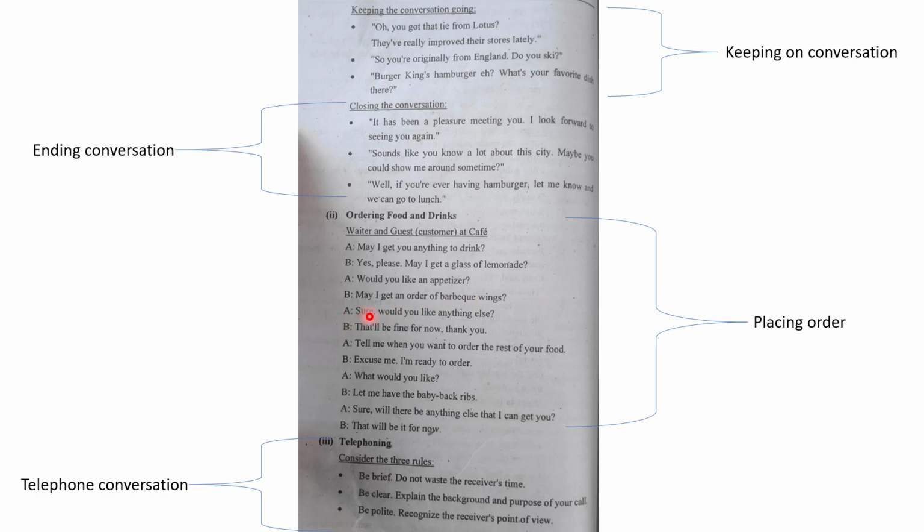A says, "Sure. Would you like anything else?" B says, "That'll be fine for now. Thank you." A says, "Tell me when you want to order the rest of your food." B says, "Excuse me, I'm ready to order." A says, "What would you like?" B says, "Let me have the baby back ribs." A says, "Sure. Will there be anything else I can get you?" B says, "That'll be it for now."